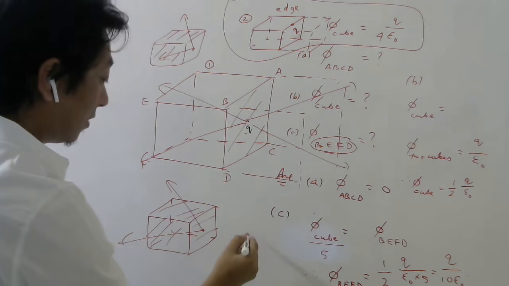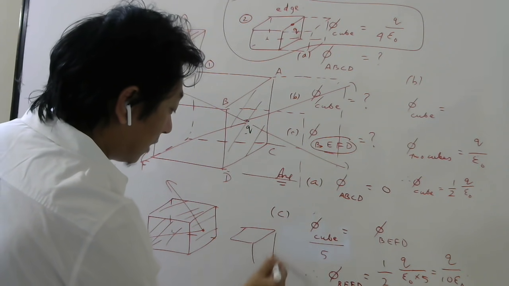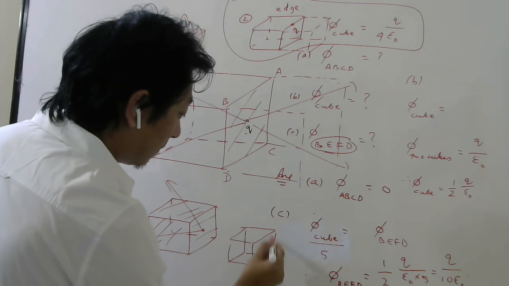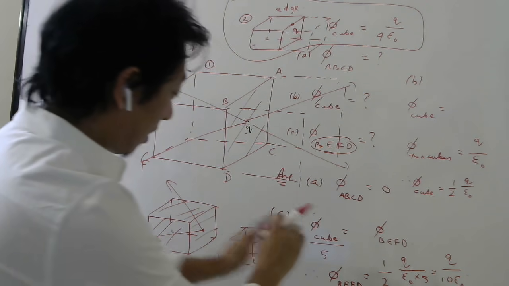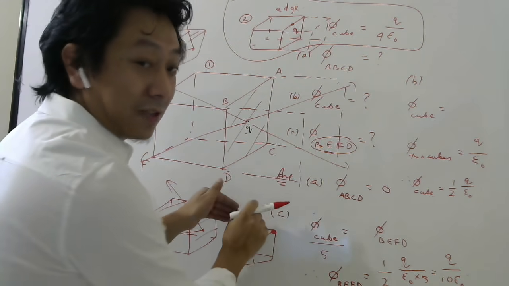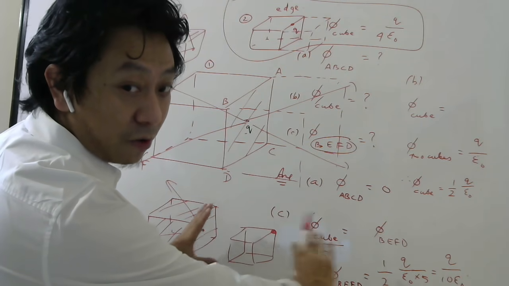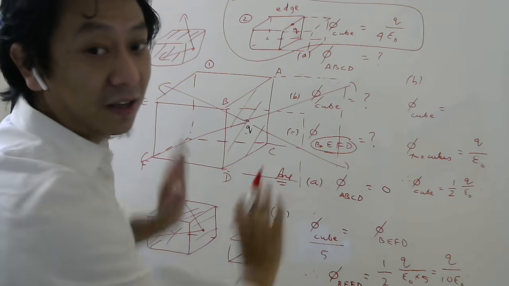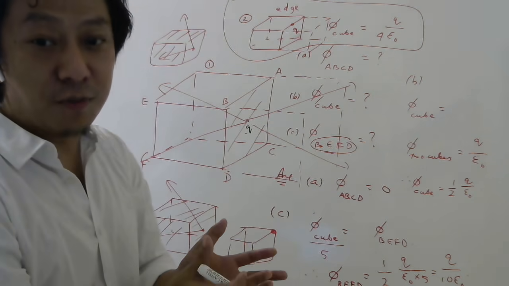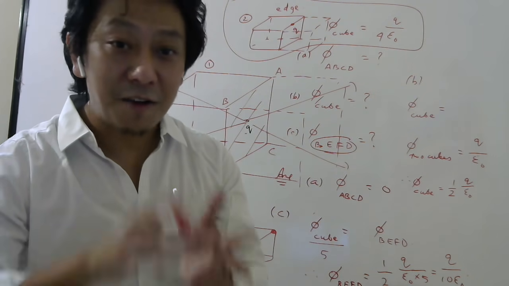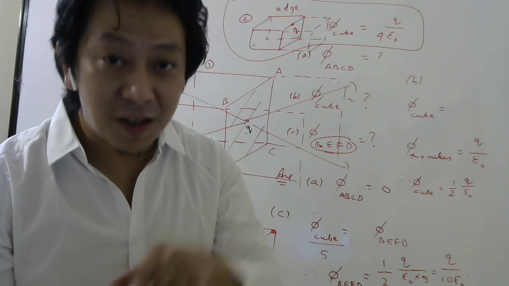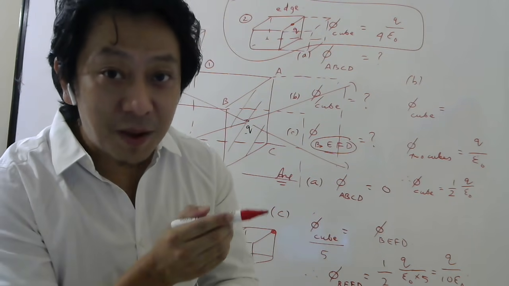And already I have discussed, if I keep the charge at the corner, then how many cubes do I need to draw? If you remember, 8 cubes. Remember, one here, one back side, one that side, 4 of them on the downside, then 4 more on the top side. So like that, if you put 8 cubes, then this charge will be in the middle of those 8 cubes. Then find flux through the 8 cubes by using Gauss law, then divide by 8.